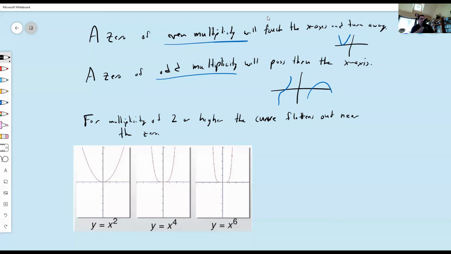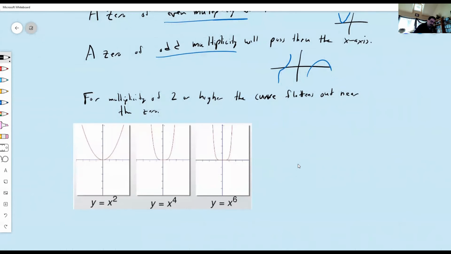All right, here we have an example using 3 evens. As the multiplicity of 0 occurs, what are the zeros here? For y equals x squared, x is 0 with m equals 2.